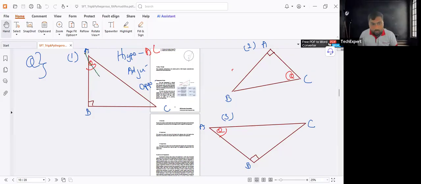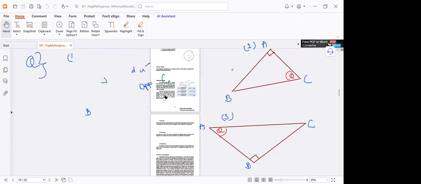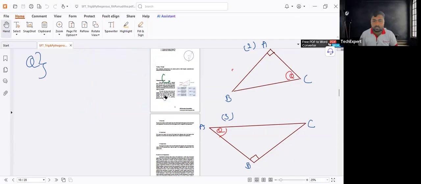If you look through the selected angle, you can directly see the opposite side. This is BC. Then what is the adjacent? The remaining one is adjacent. That is AB. Clear? Yes, sir. Okay. Then tell me about the second one. What is the hypotenuse?